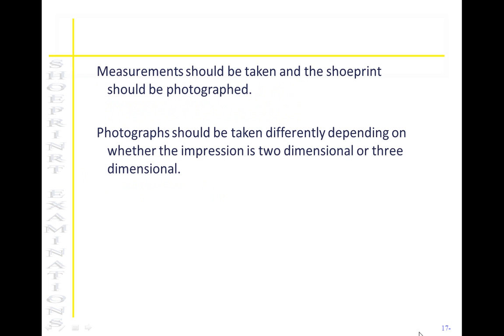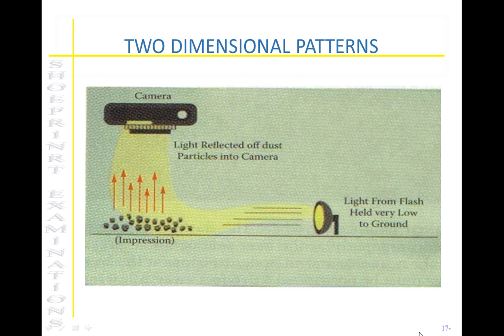Measurements should be taken and the shoe print should be photographed. Depending on the type of shoe print it is, whether it's two-dimensional or three-dimensional, you would be taking photographs slightly different. With two-dimensional patterns, you want to position the camera directly above the shoe print and hold your light to the side.